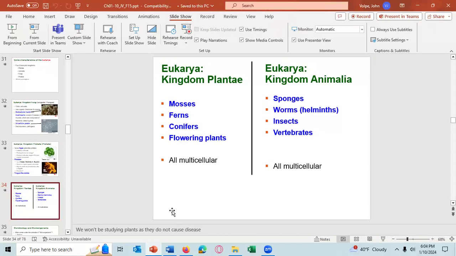Let's talk a little bit about the kingdom Animalia. You can break the animals into the sponges, the worms, called helminths, the insects, and the vertebrates. If you do break them down into this, you should realize that this classification of a worm is not monophyletic, and that is the different worms like the roundworm and the flatworm.